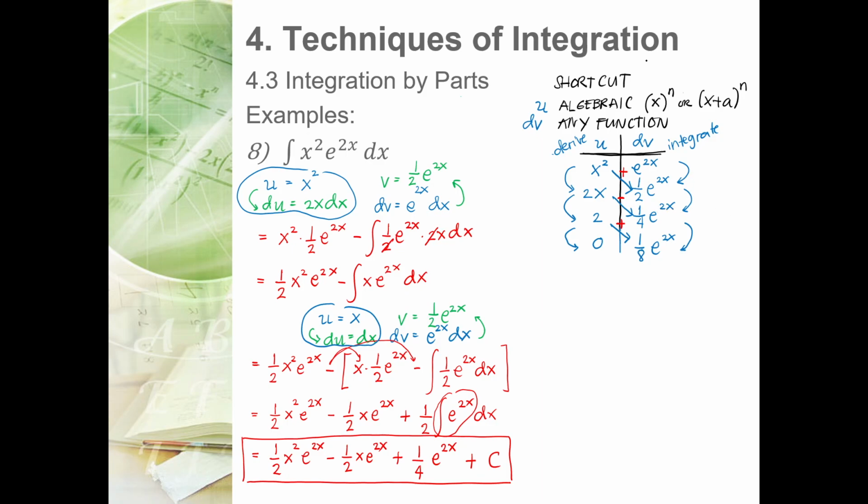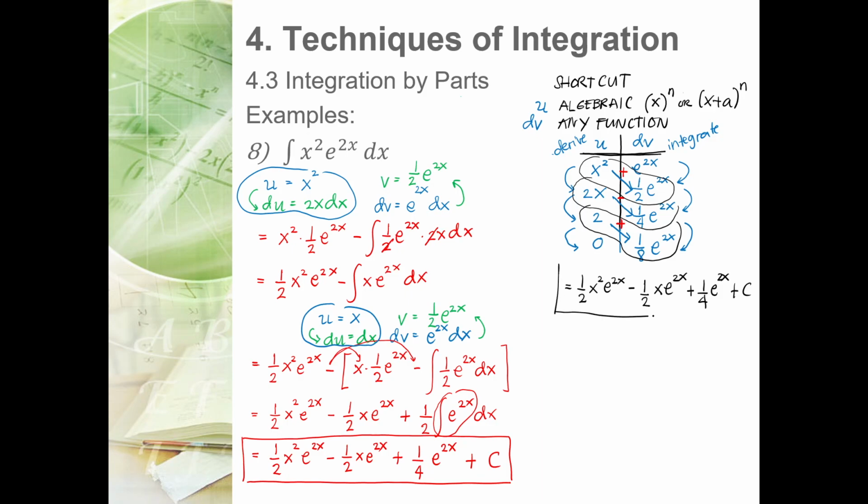So if you look at the answer, going to the first term here, that will be 1/2 x squared e raised to the power of 2x. Then on the second term, 2 times 1/4, that will be minus 1/2 x e raised to the power of 2x. Then on the last term we have 2 times 1/8, that will be 1/4 e raised to the power of 2x plus c.